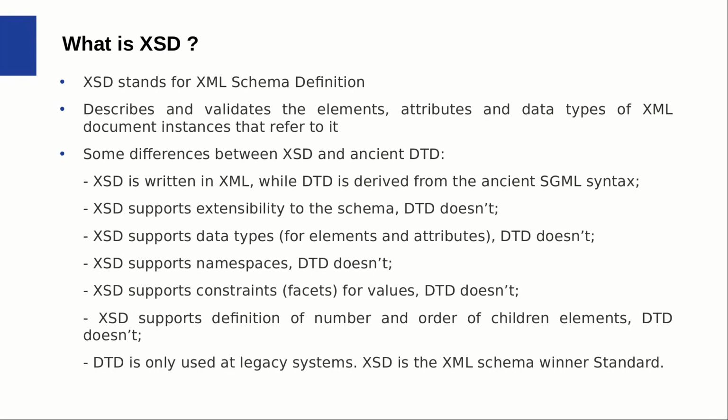So if you look for the history about the evolution of XML, you see that there are basically two types of documents used to write schemas for XML instances. And they are the XSD, which is what we'll see starting from this class on. But we also had an ancient type of schema definition, which is DTD.